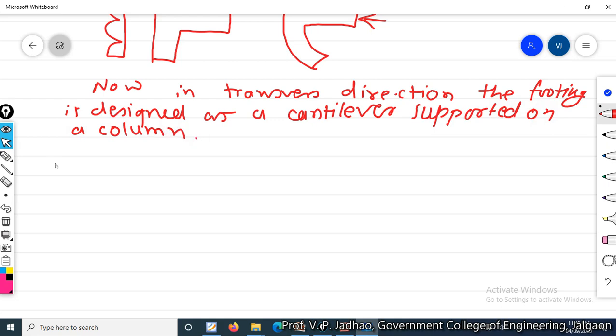Therefore the transverse reinforcement provided under each column will again be provided in that particular bandwidth only.